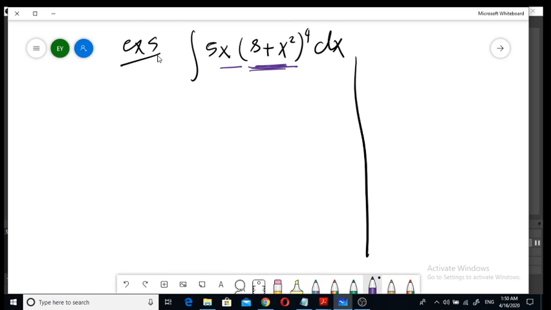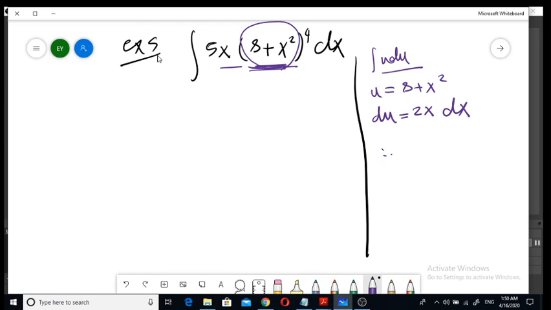So first, we are going to apply the u substitution method. So we need to identify u and du. u is going to be 8 plus x squared, and du is the first derivative of u, which is 2x dx. Then dx is equal to du over 2x.